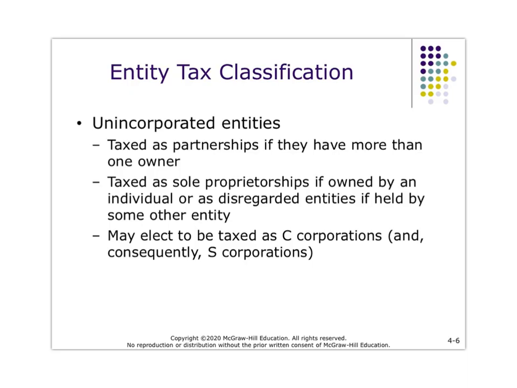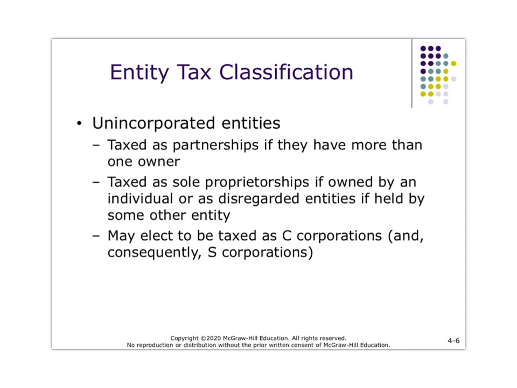If I join with a friend and together we create an LLC and do landscaping, then we can elect to be taxed as a C corporation, or we can be taxed like a partnership. Okay, so if you were to have a sole proprietorship with you and a friend, and you chose not to incorporate like an LLC, then you're going to be taxed as a partnership.